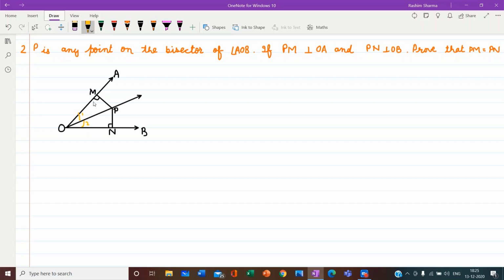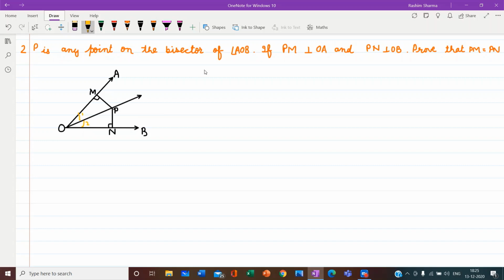It means this angle is 90 degree and PN is perpendicular to OB. So this is also right angle. Prove that PM is equal to PN. So here we will have to prove triangle OMP congruent to triangle OPN.